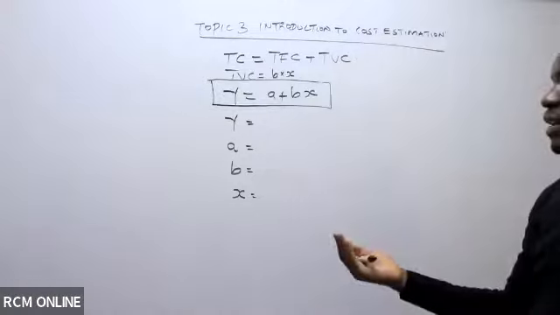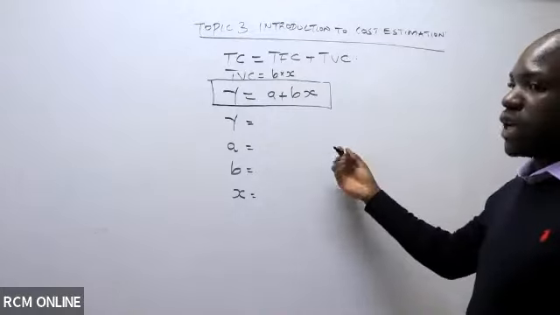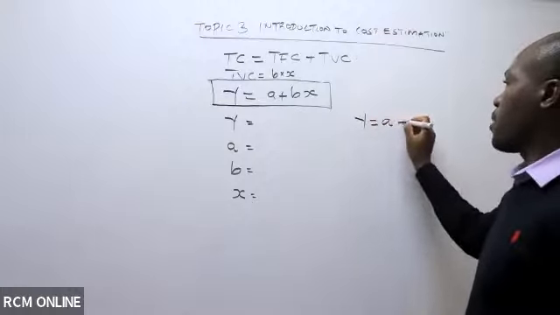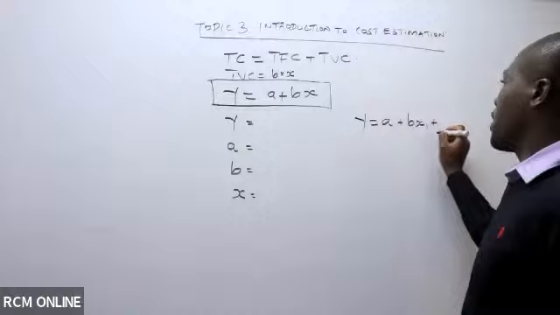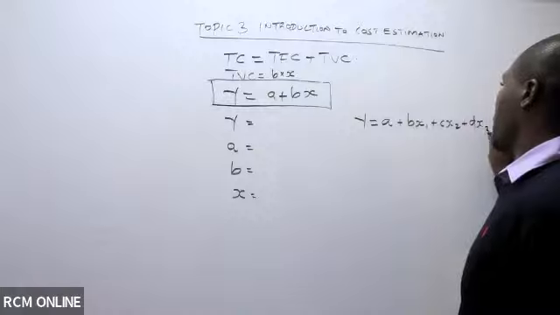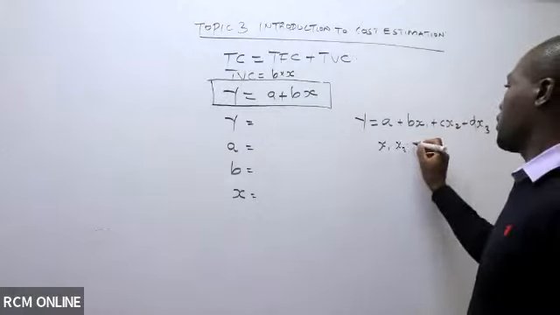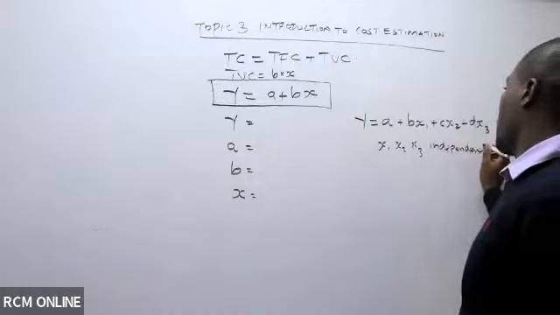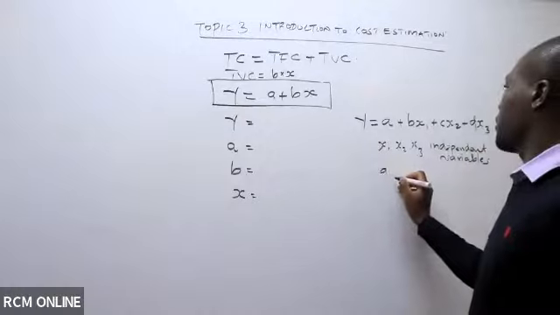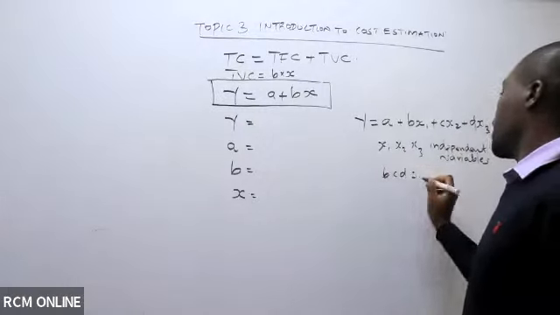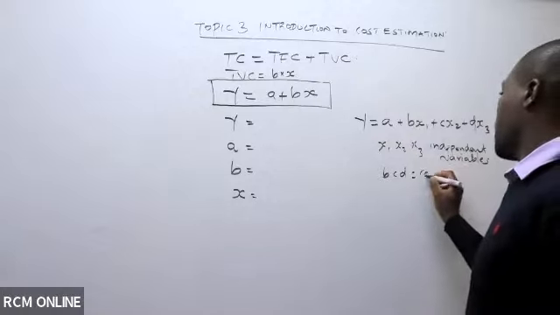Because when you get to advanced level, number 1, you'll be told to give us computer output. Number 2, we'll be given a cost function in this form: a plus b x1 plus c x2 plus d x3, whereby x1, x2, x3 are independent variables. Then a, b, c, d are constants or coefficients.